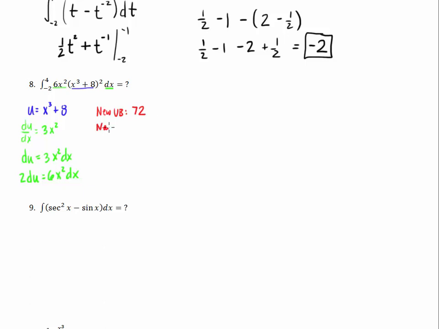My new lower bound, I'm plugging in negative 2. Negative 2 cubed is negative 8, plus 8 is 0. Now we'll do our substitution. So I'm going to substitute my bounds in. So I've got 0 on the bottom, 72 on the top. We've got the 6x squared dx gets changed out for 2 du.